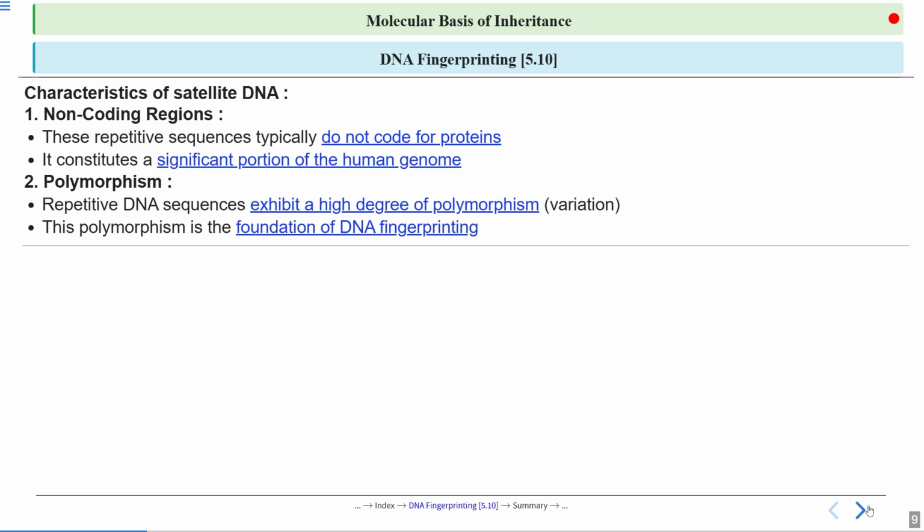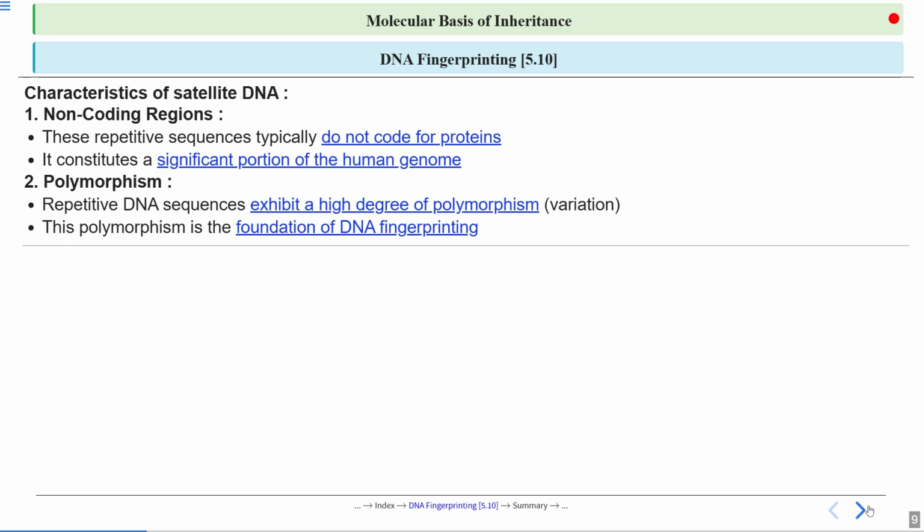Then we studied this repetitive DNA, the small stretch of DNA in which the sequence is repeating again and again. When density gradient centrifugation was done on the whole genome, they saw that this repeated sequence got separated and gave a peak, which we call satellite DNA. Then we studied the characteristics of satellite DNA.